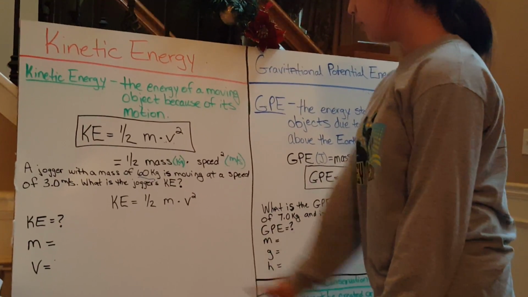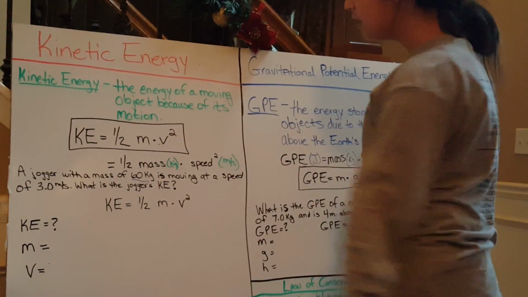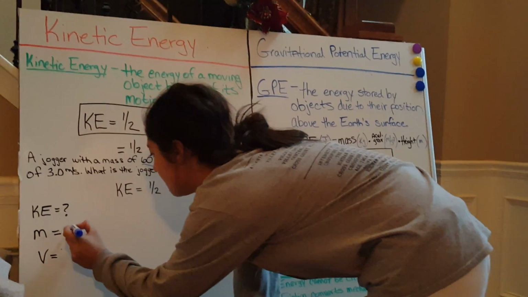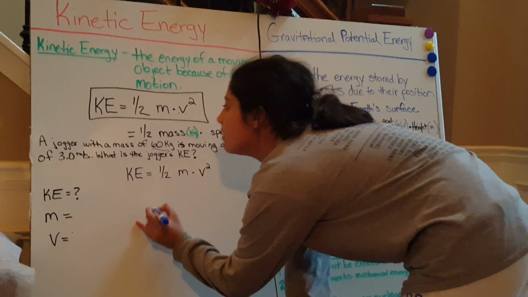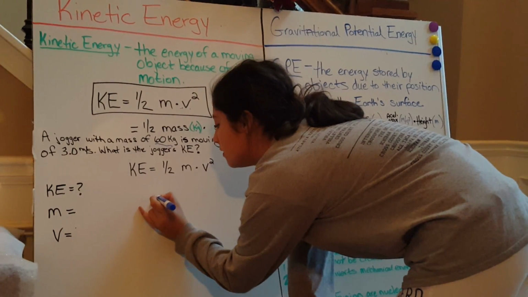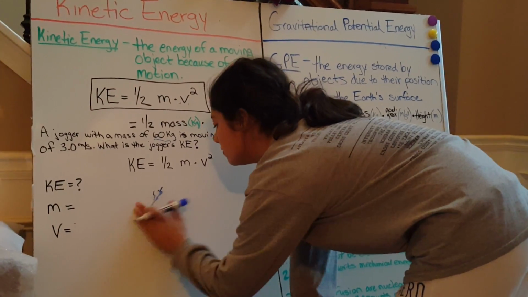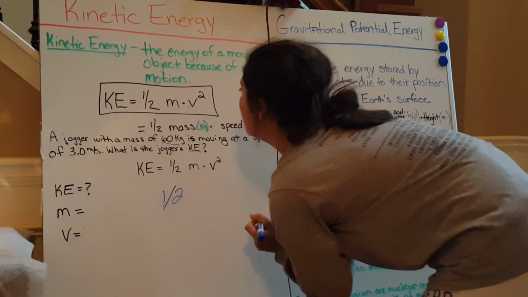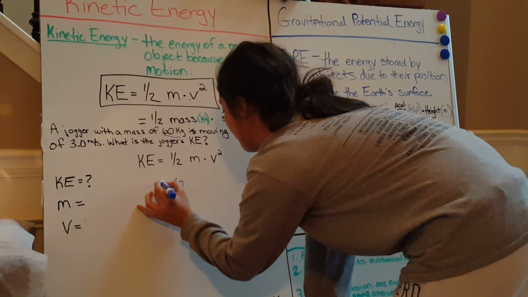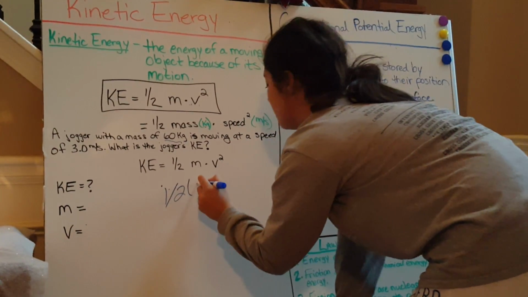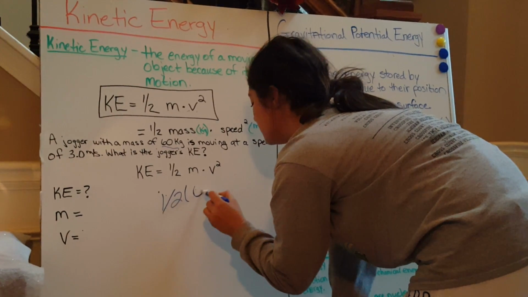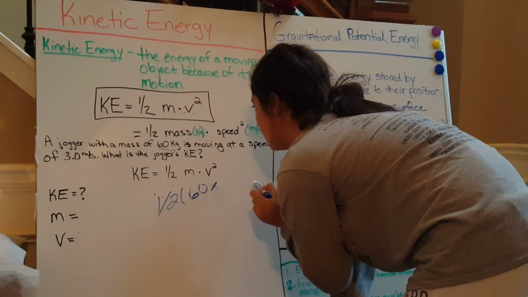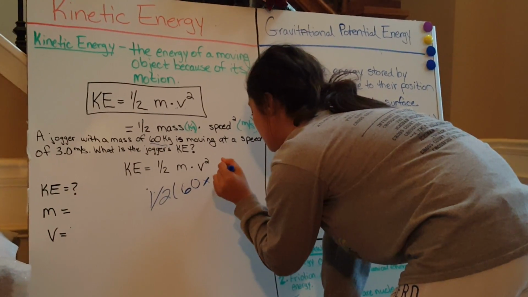So, what we're going to do is find your mass in our equation, which is 60. I'll write it over here actually. Half, mass, which is 60, times your velocity squared.